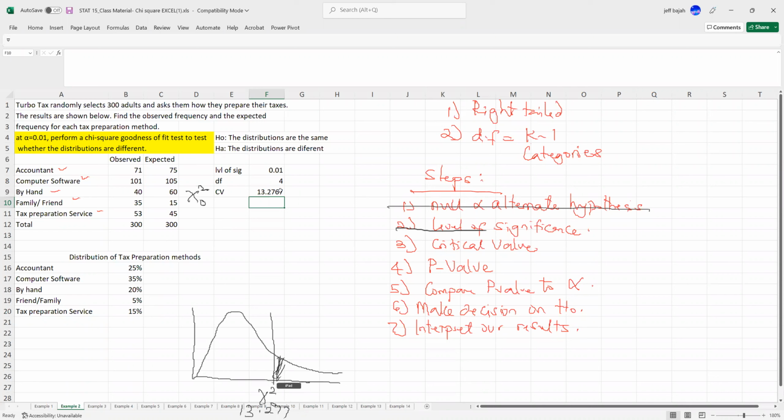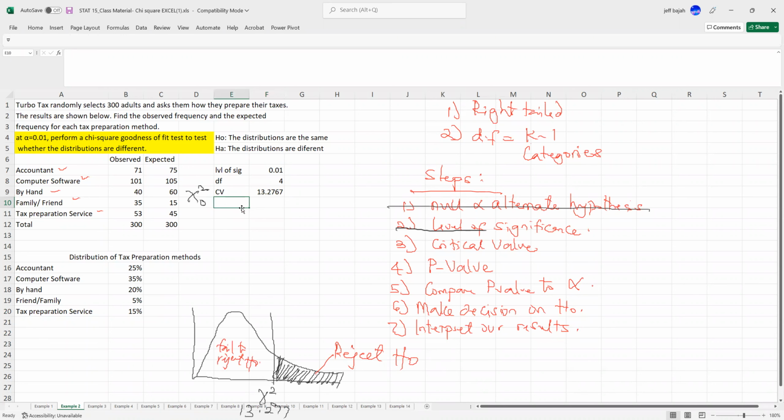And so what we're doing here is, we're going to reject anything here, we reject H sub O, and anything here, we fail to reject H sub O, right? And so this gives us our critical value.